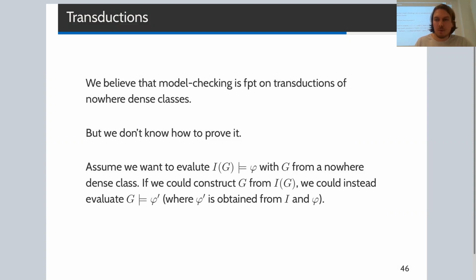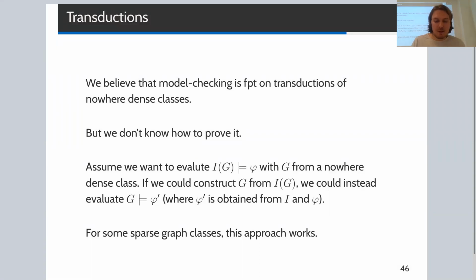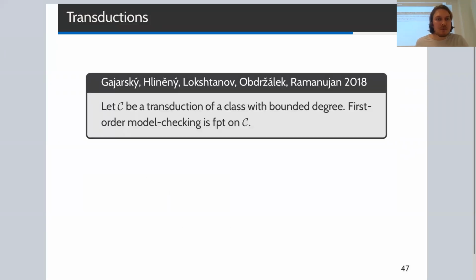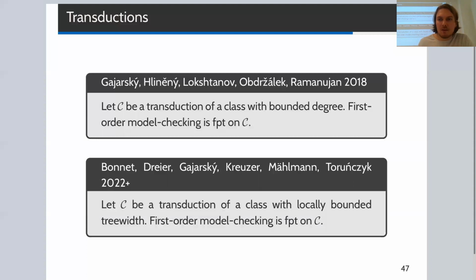But there have been some partial results on this yet. For some sparse graph classes, we have a model checking algorithm for the transduction of them. The first one of this kind was transductions of classes with bounded degree. So first order model checking is FPT on transductions of classes with bounded degree. And the second result of this kind, very fresh, straight from the oven, be careful when you eat it, still warm, is the following.